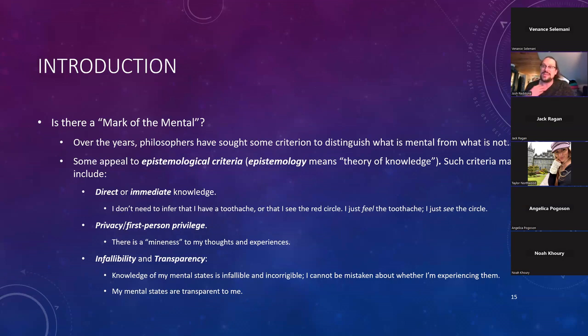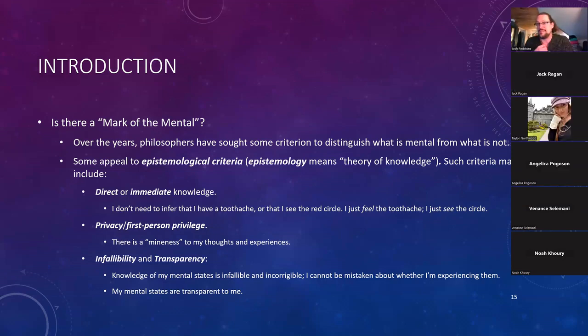So maybe I could be hallucinating that I'm in pain, so I'm not really in pain. So I'm wrong that I'm in pain, but I'm not wrong about whose experience it is. And that gets us to the next thing, that's privacy or first person privilege. The idea that there's a sort of mindness to my thoughts and experiences. I cannot be mistaken about whose thoughts and experiences they are.